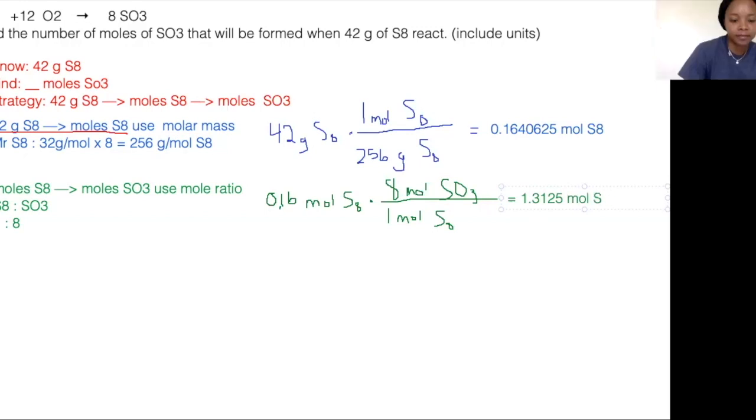Good. Let me just cross out some of our units just to make sure. Are we done? Yes. The question was to find the number of moles of SO3. That's it. So you did it.